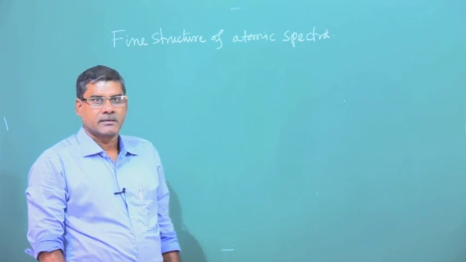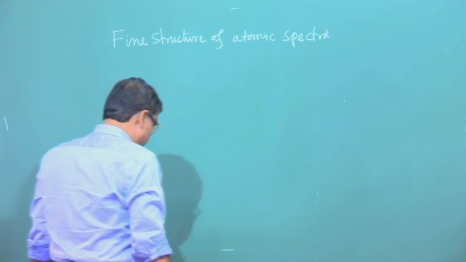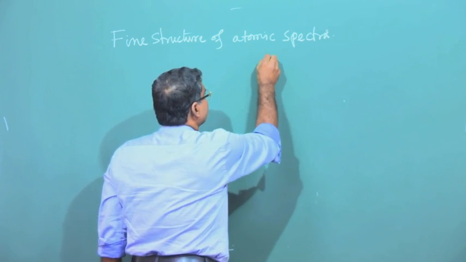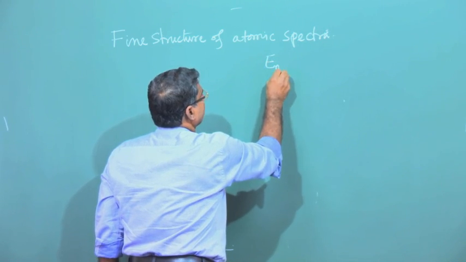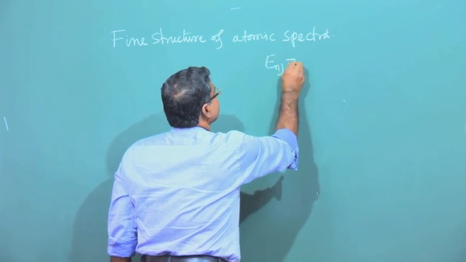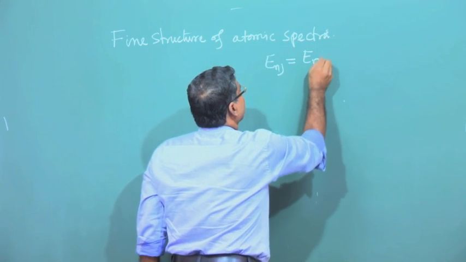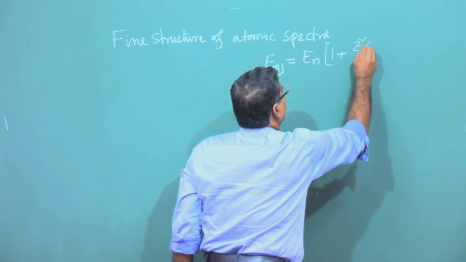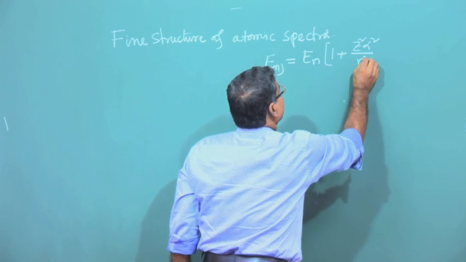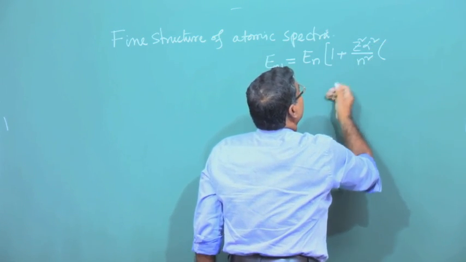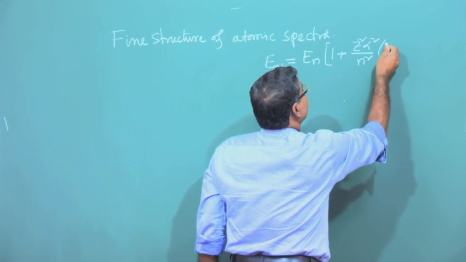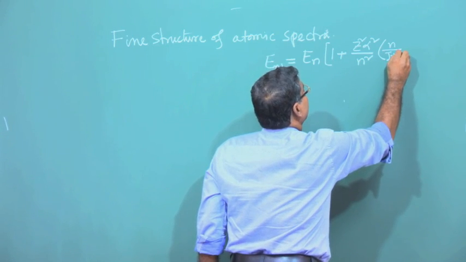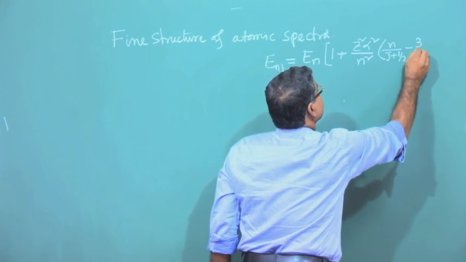We have considered a single electron system, and we have seen that the energy E_nj is basically E_n times 1 plus Z squared alpha squared by n squared, then n by j plus half minus 3 by 4.